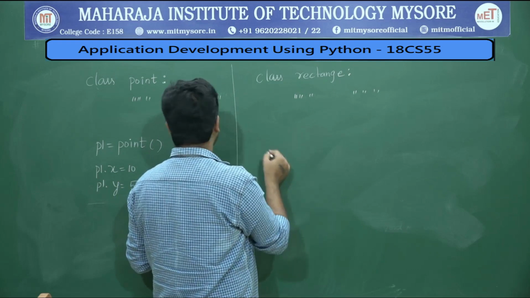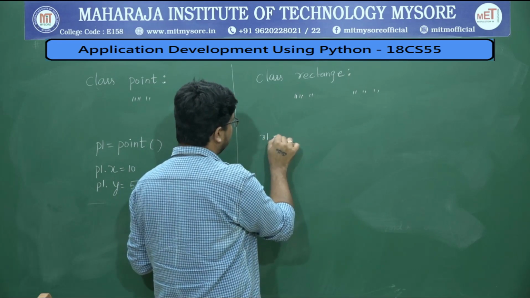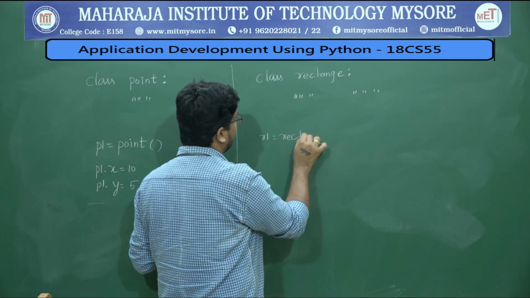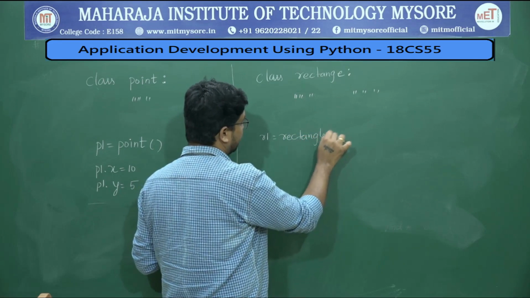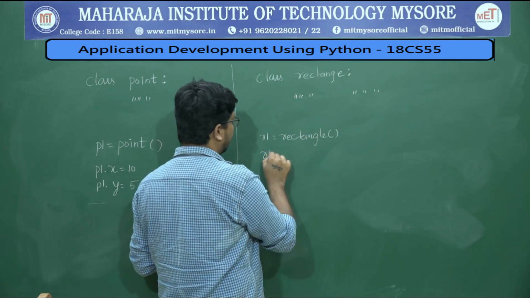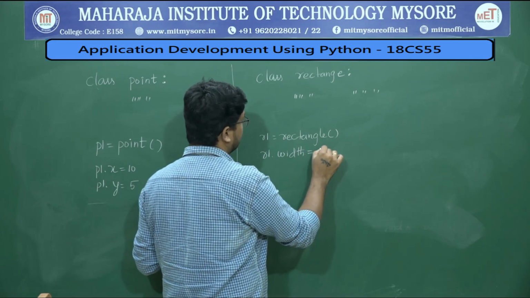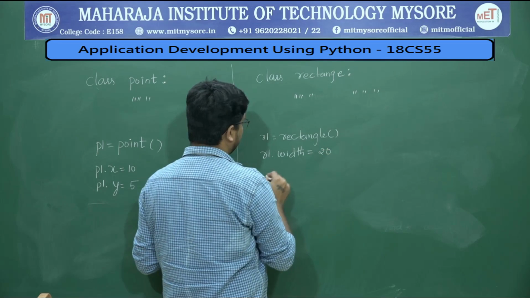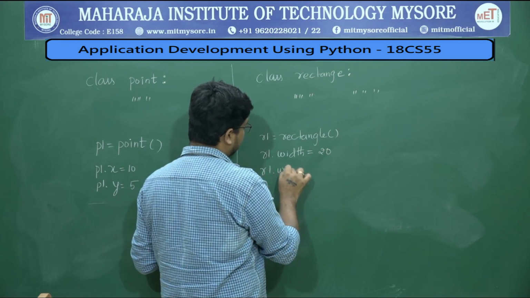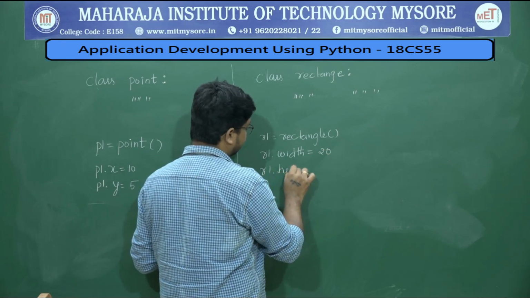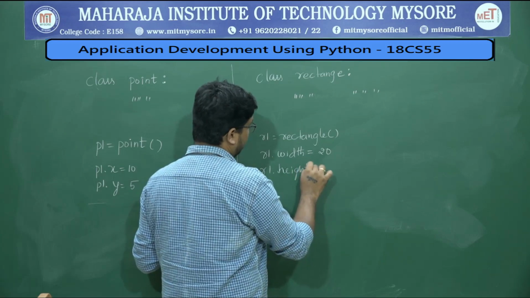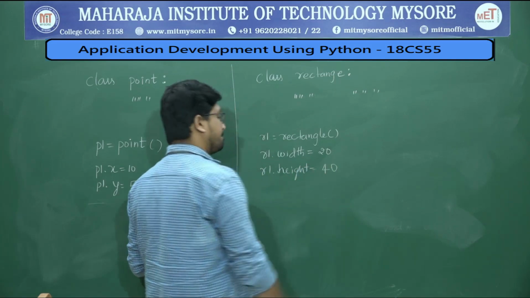So let us create the object first. R1 is equal to rectangle. Then R1 dot width is equal to, let us say, 20 width, and R1 dot height, let us say 40 is the height.